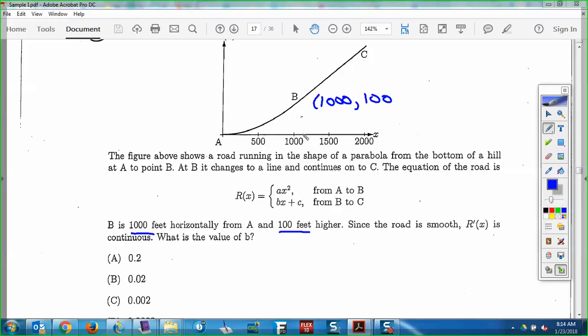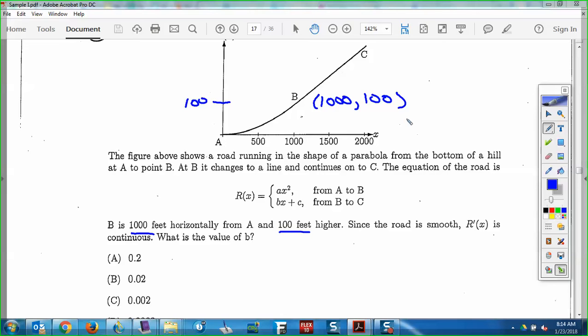It's 1,000 feet horizontally from A, and it's 100 feet higher. So we basically know point B is that. Since the road is smooth, R prime is continuous. So that's one of the things that we're going to talk about, this idea of differentiability, smoothness, one of the theorems we're going to be running into later on.